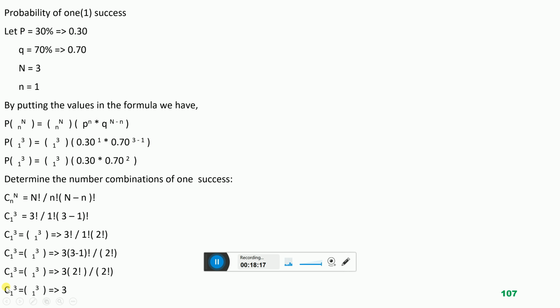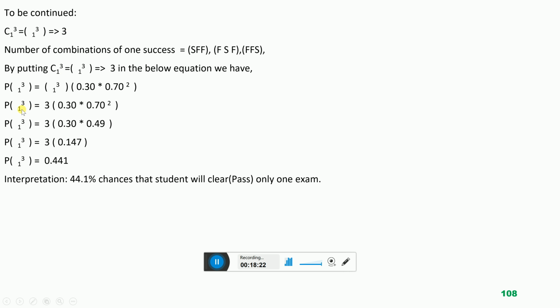So P(3,1) is equal to 3 multiplied by 0.30 multiplied by 0.70 raised to the power 2, which is 3 multiplied by 0.30 multiplied by 0.49. 0.30 multiplied by 0.49 is equal to 0.147. So P(3,1) is equal to 3 multiplied by 0.147, which is 0.441.